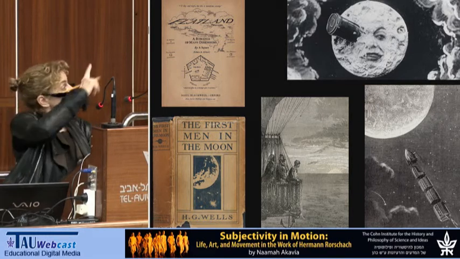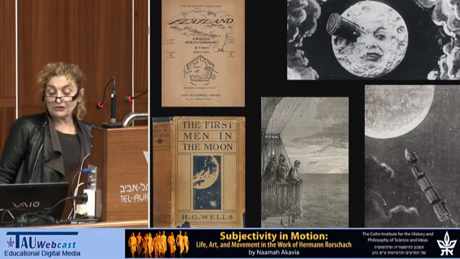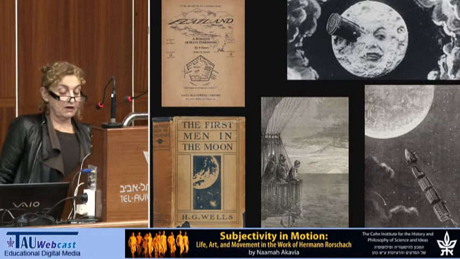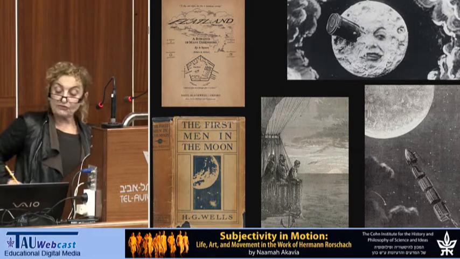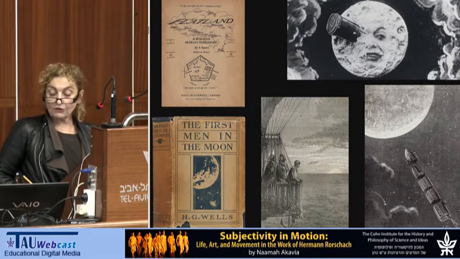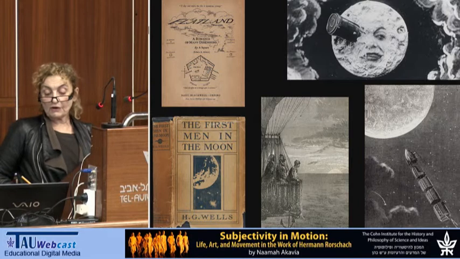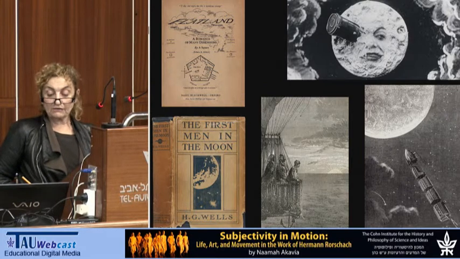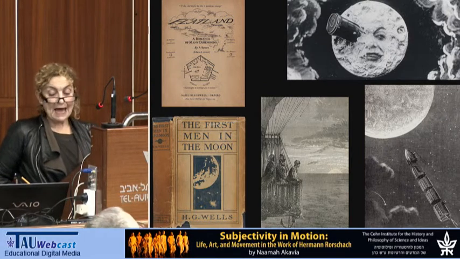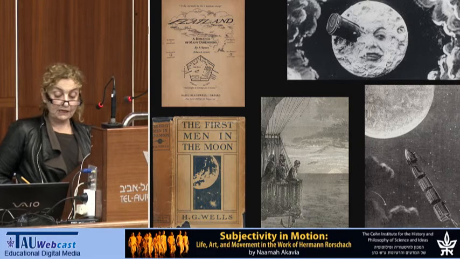And, well, on top we have the very well-known image of Méliès, the beginning of the century film, and all these publications, Verne and this book by Abbott, which is Flatland, at the beginning of the century.